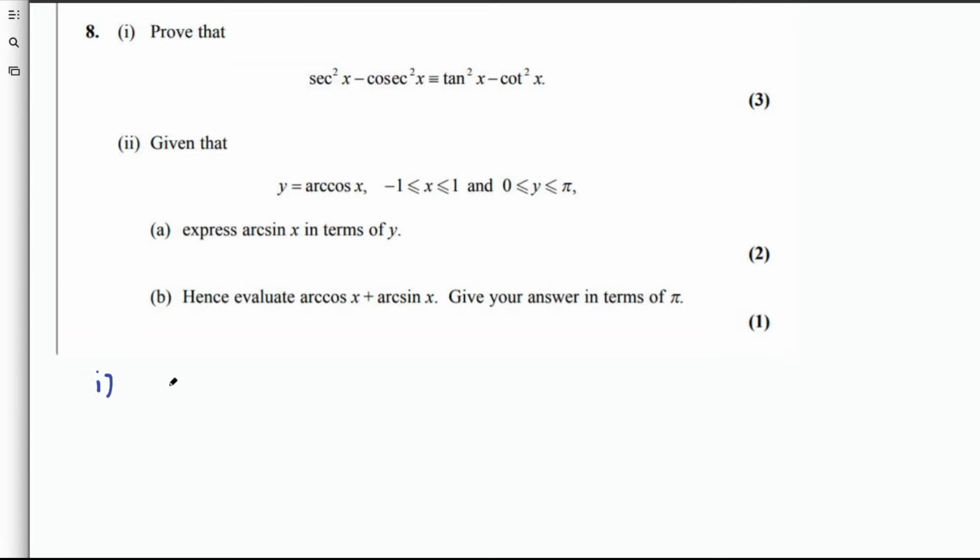Sec squared x take cosec squared x, this is the left hand side. Okay, sec is 1 on cosine squared x, and cosecant is 1 on sine squared x.